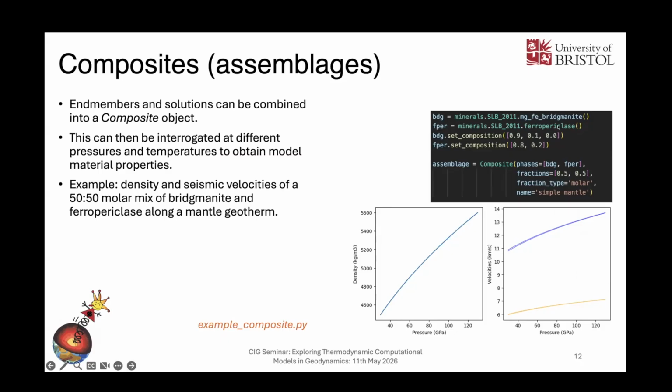Here's an example on the right-hand side showing, first of all, the instantiation of two different solution objects, bridgmanite and ferropericlase. We then set the composition of those two objects, and then we create an assemblage out of those. And from that, you can use the evaluate method, as you did before, to work out what the densities and the velocities are. That's Vp and Vs.